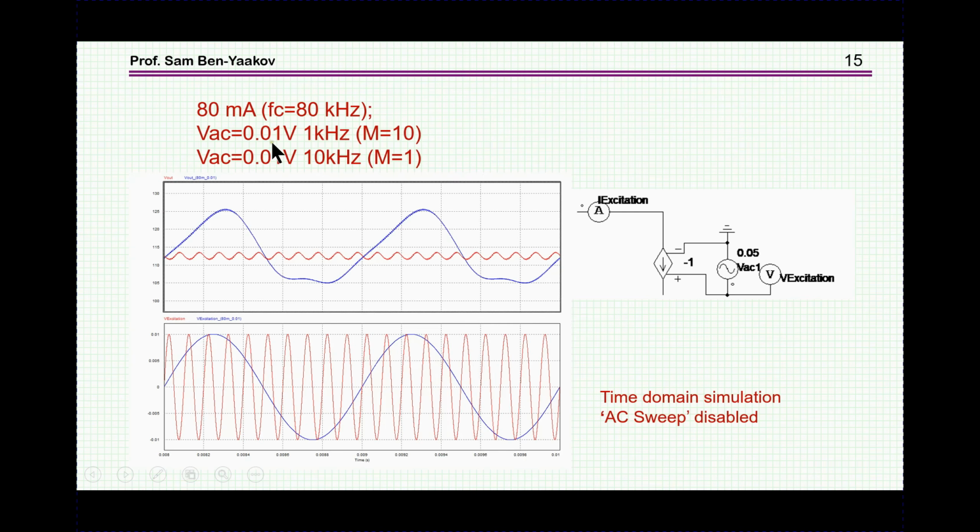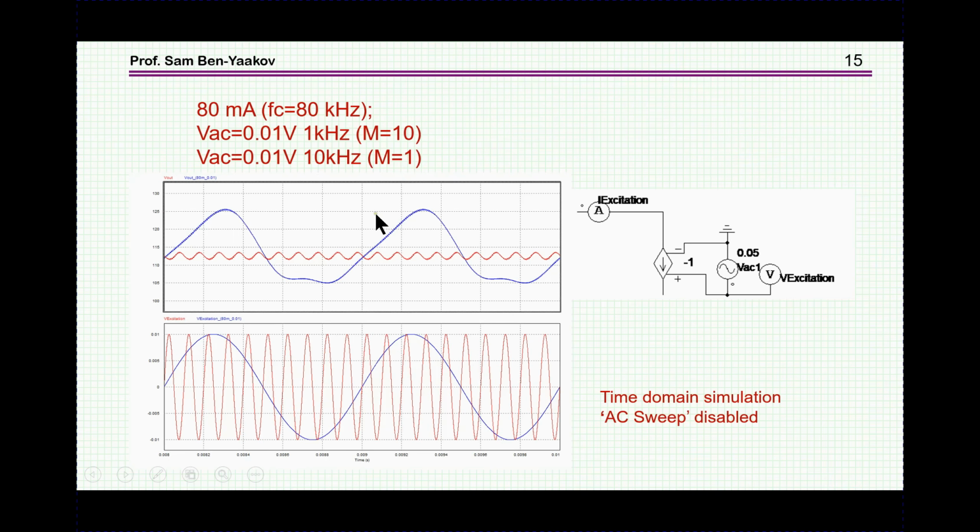Now, due to the factor between the excitation and the frequency, we find that here we have a modulation index of 10, because this is like 10 kilohertz, and here it's 1, the ratio between 10 kilohertz deviation and 10 kilohertz modulating frequency.